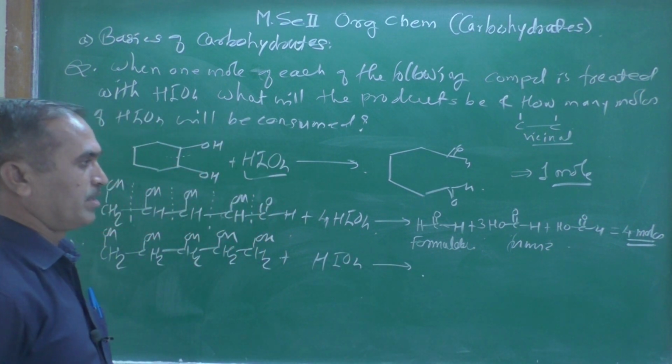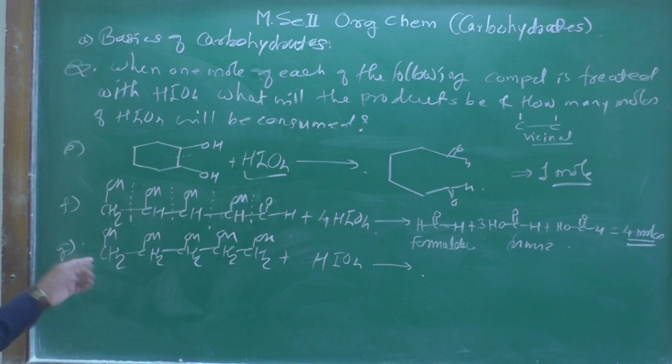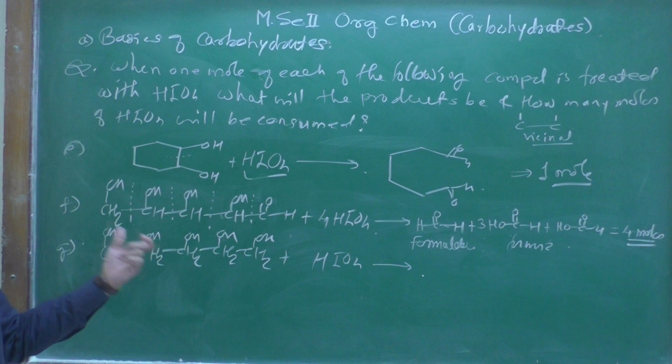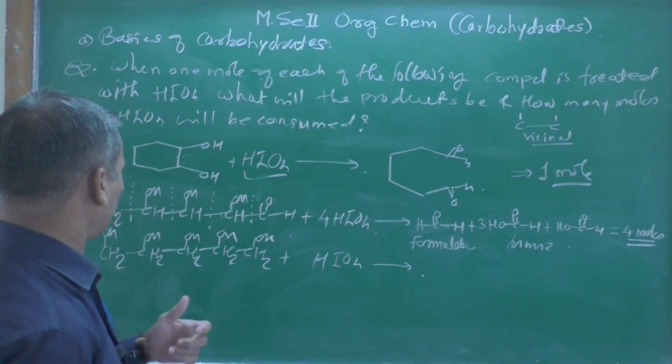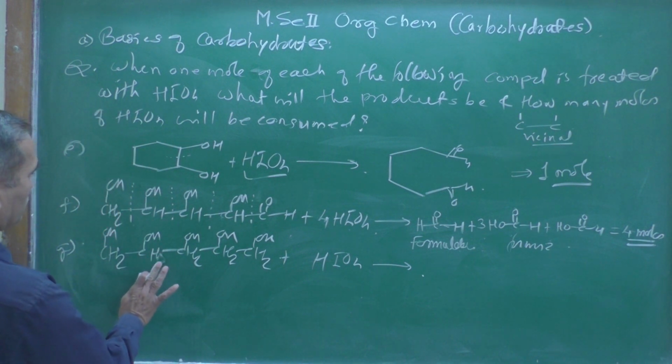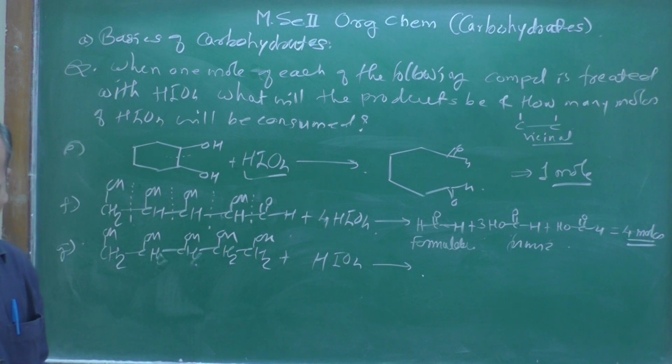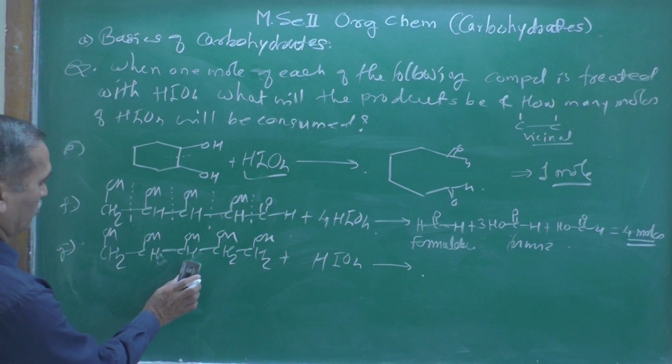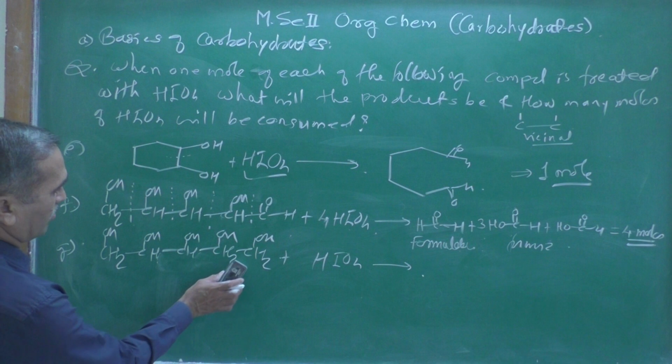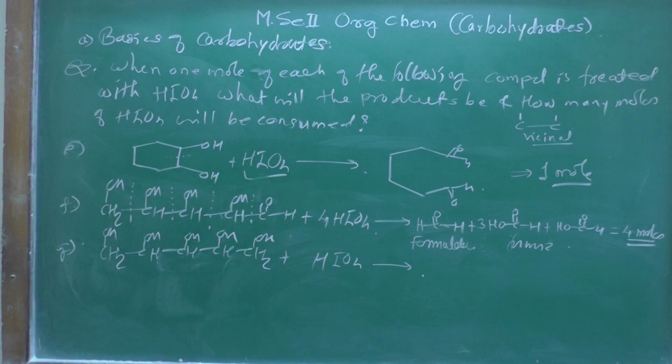Let us look here, CH2OH, CH2OH, not CH2, I think here it is a CHOH. Let us make the correction over here, because carbon never shows 5 bonds.